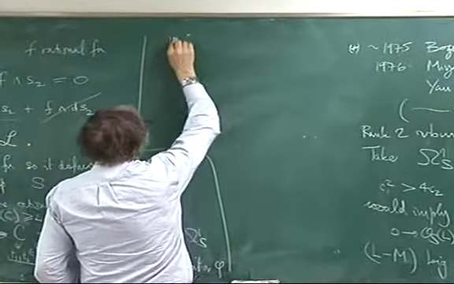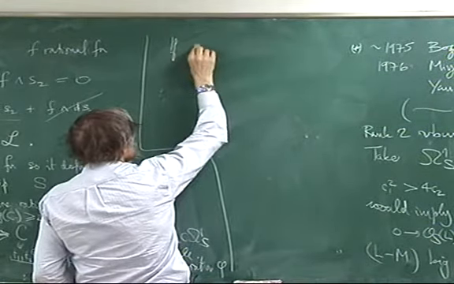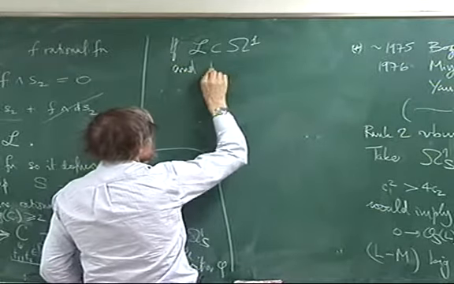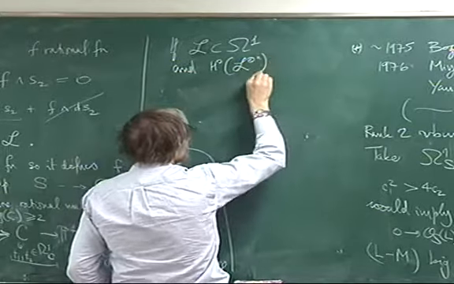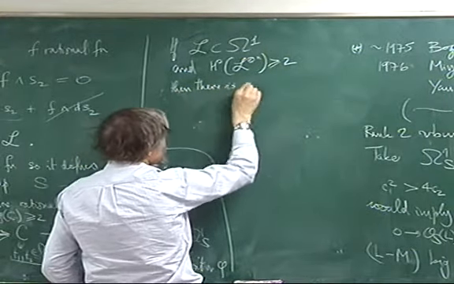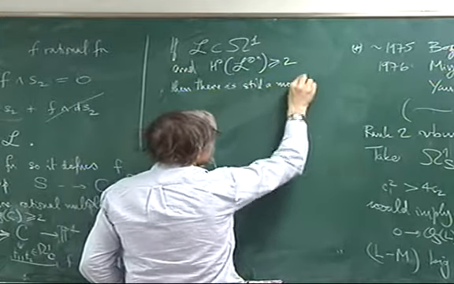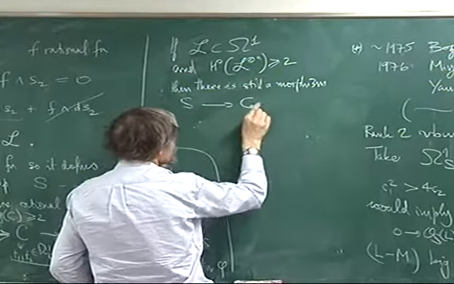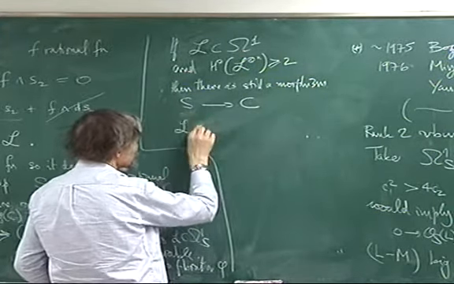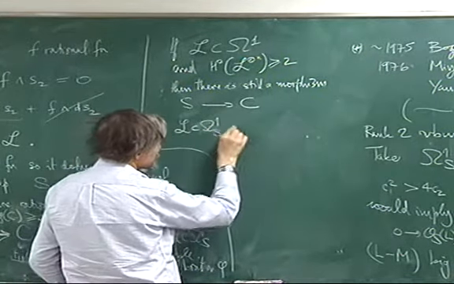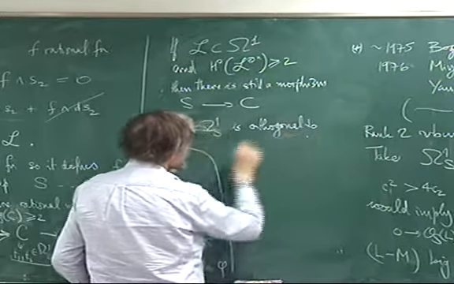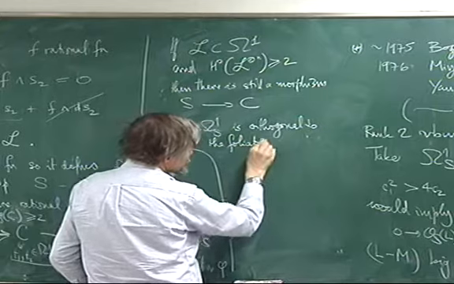And so now this is really Bogomolov's trick. If L is in omega 1 and H naught of L to some power n is greater than or equal to 2, then there is still a morphism from S to a curve, so that L in omega 1 of S is perpendicular, orthogonal to the foliation of phi.